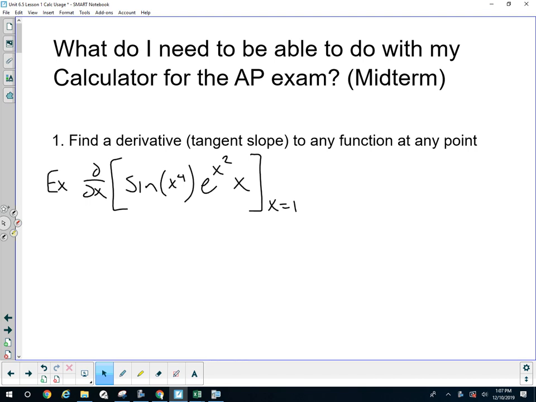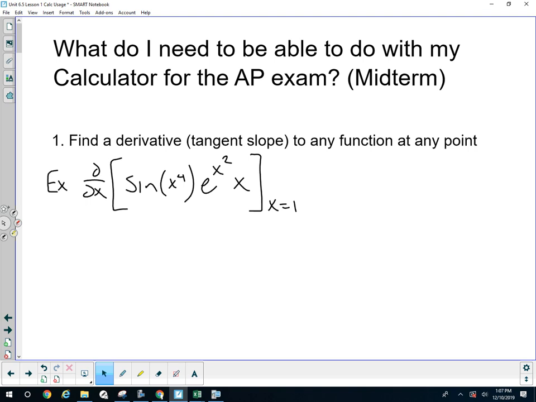Part 2, calculator. There is a calculator portion of multiple choice on the actual AP exam. There's a calculator portion for the free response part of the exam as well. But you will need to be ready for the calculator portion for your midterm.